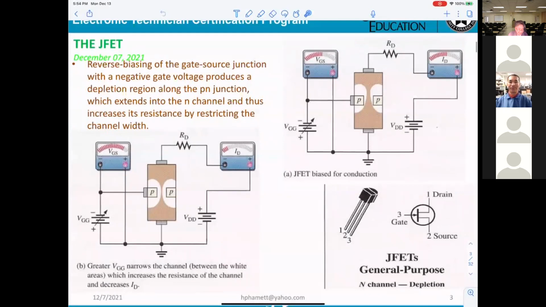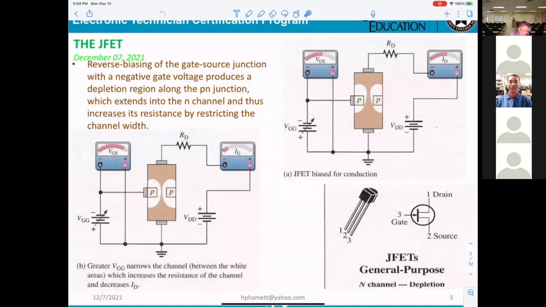And this picture is just telling you this is a channel from the drain to the source. If this channel is wider, more current flows. If it is narrow, less current.